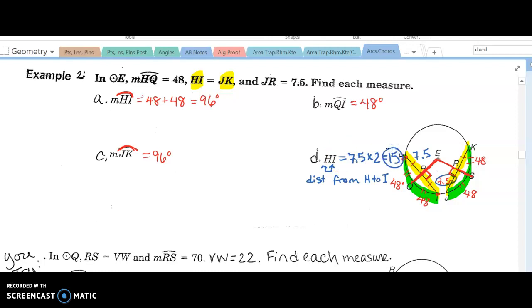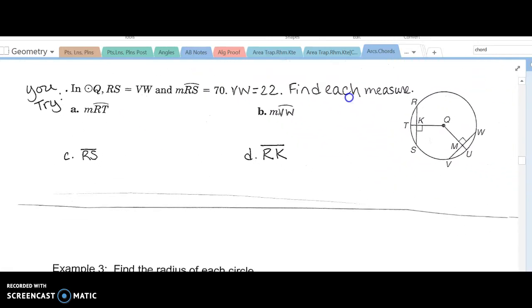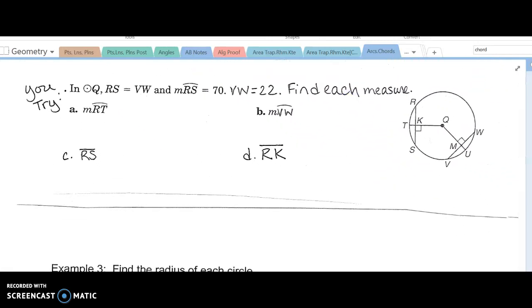All right, so very similar problem down here. I hope you'll pause the video, give it your best effort, and then we'll come back and check and see how you did. Okay, so because the yellow chords were congruent, that meant the green arcs were congruent. They were cutting off equal parts of the circle.